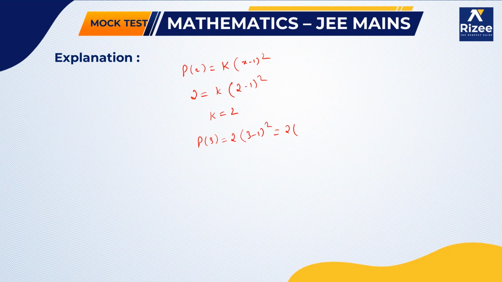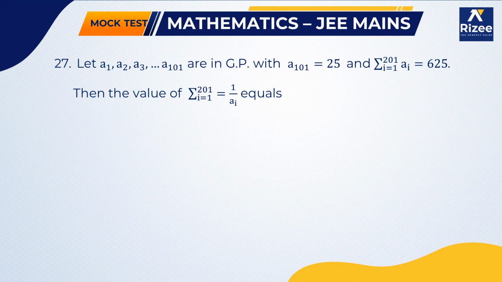Next question: let a1, a2, a3 up to a201 be a GP, geometrical progression, with a101 equal to 25 and the sum equal to 625. Then we have to find the value of the summation from i equals 1 to 201 of 1 by a_i. So clearly, what is given is a GP.